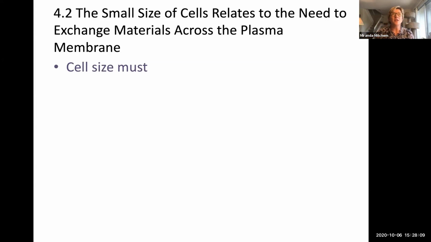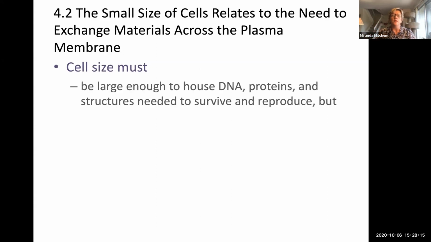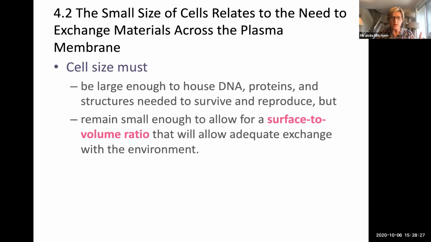But they also need to be small enough so that they can interact with the environment across their membrane. So they have to be big enough to hold the DNA, the various proteins, and whatever other structures that particular cell needs in order to live and to reproduce, all while being small enough to allow for good interaction with the environment.